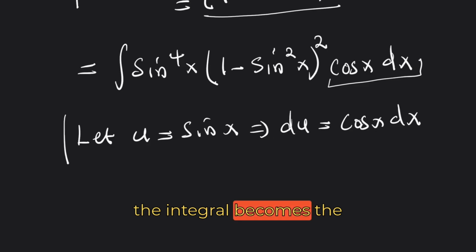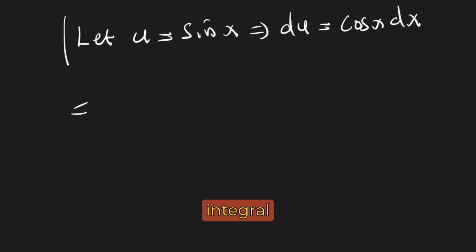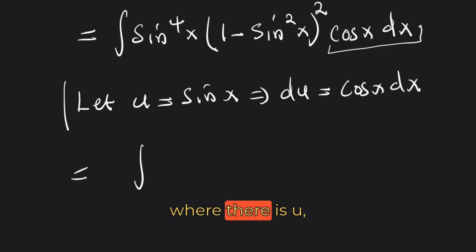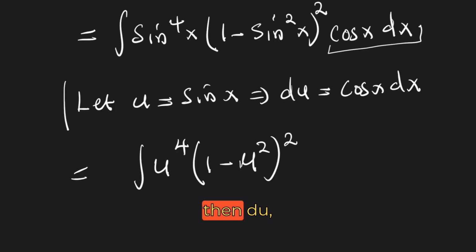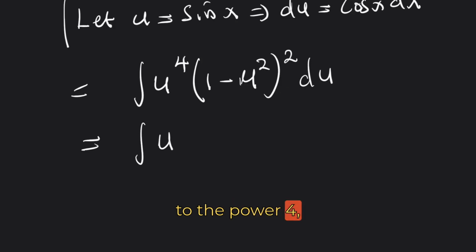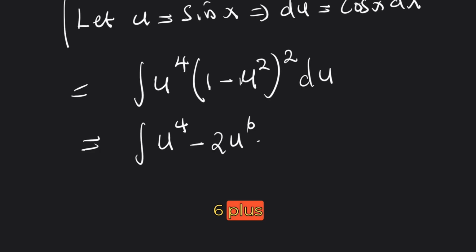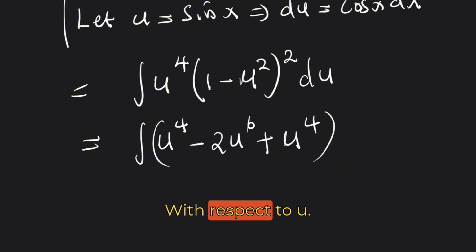So therefore the integral becomes the integral of, where there is sine we put u. So this is u to the power 4, then 1 minus u squared, then du. Inside is just simple algebra. We can do the expansion. When we expand this, you should get u to the power 4, then minus 2 u to the power 6 plus u to the power 8, with respect to u.